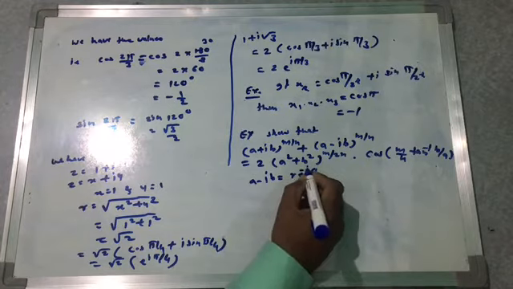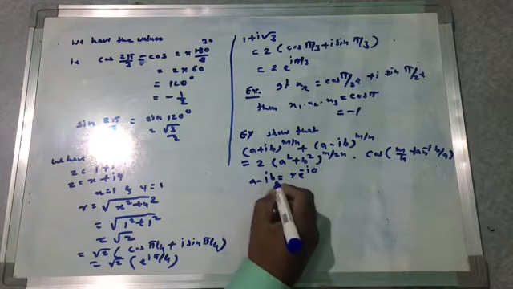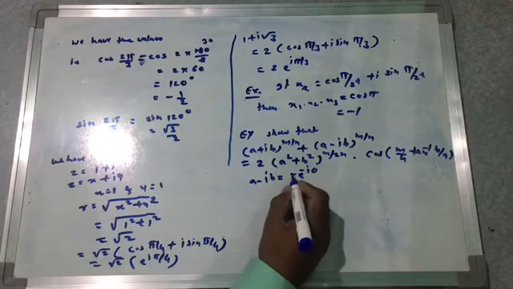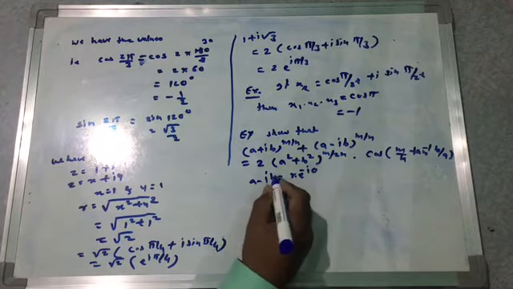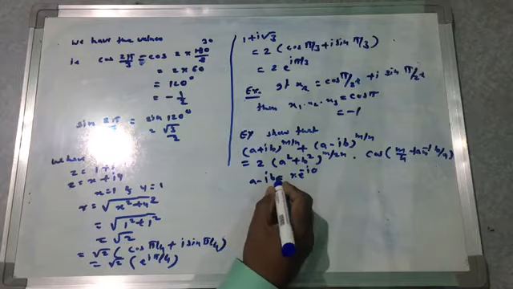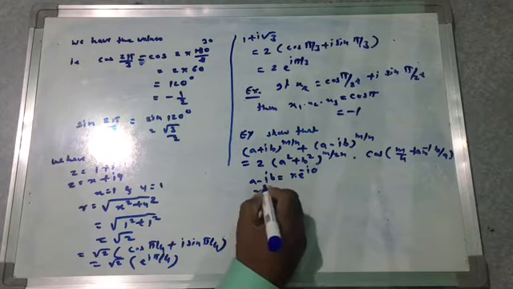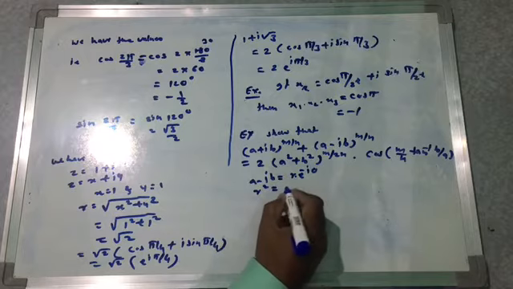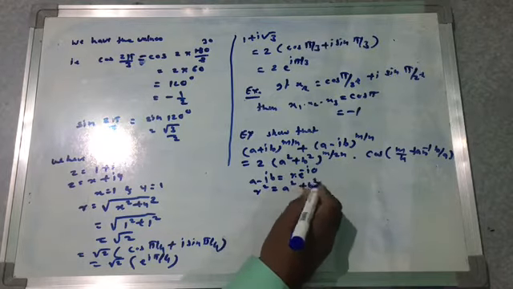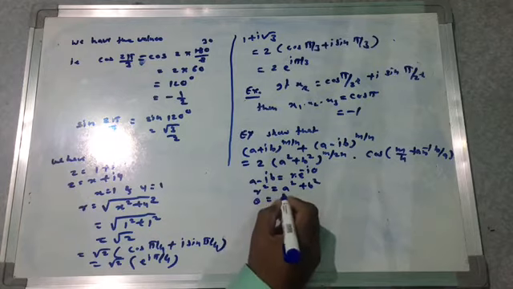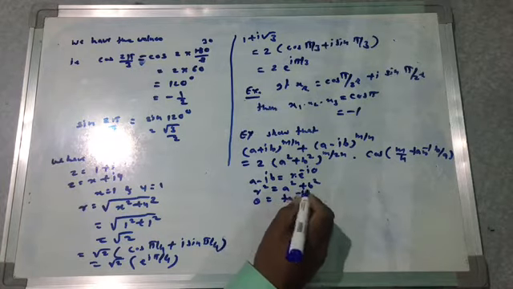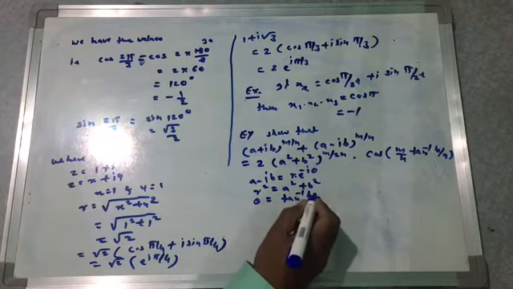For a minus ib, here minus is there, r into e to the power minus i theta. r square is equal to a square plus b square. Theta is equal to tan inverse b by a.